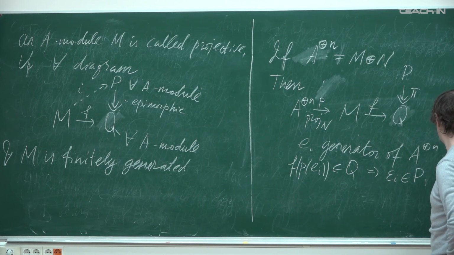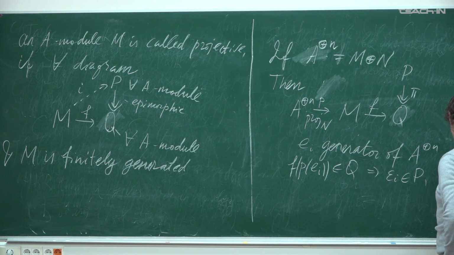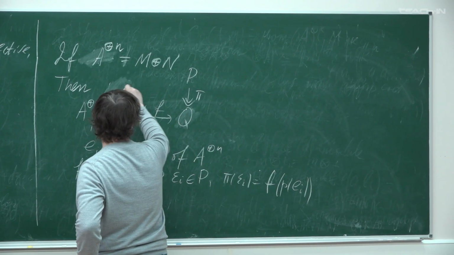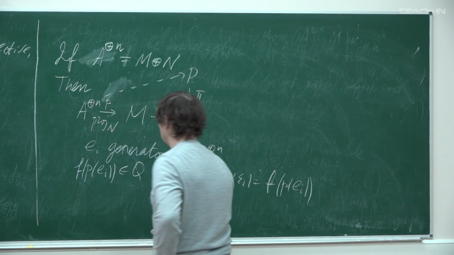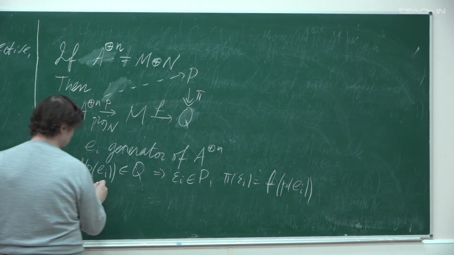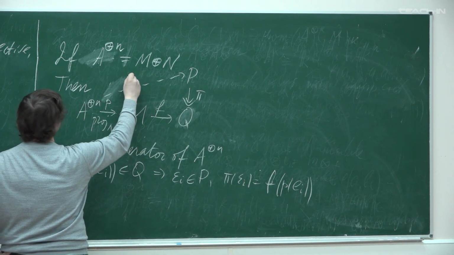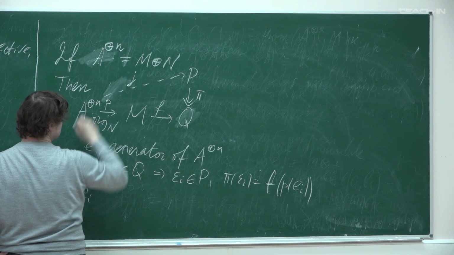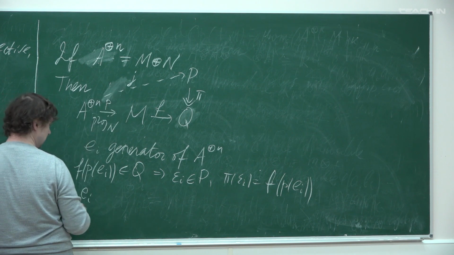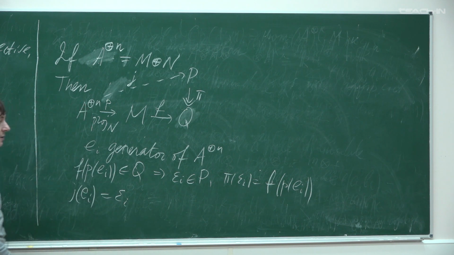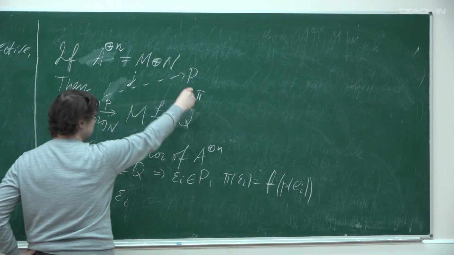Let it be pi. So I send this element e_i by some map J to epsilon_i, and this diagram is now commutative.